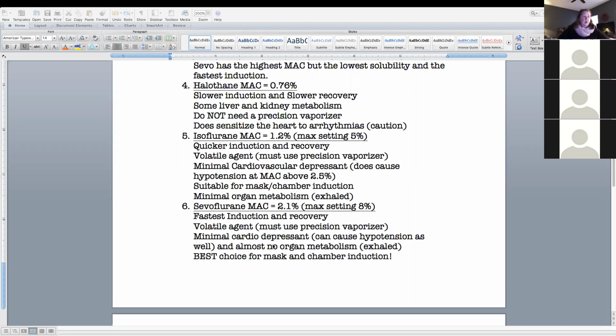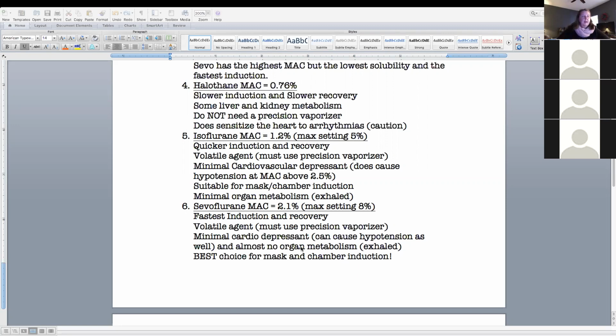But no organ metabolism like iso, it's exhaled, so safe for liver and kidney dysfunction patients. And it's probably the best choice if you need a mask or box. So again, if I had all three available and you said, let's mask this guy or chamber, I'm going to pick sevo because it's the fastest.